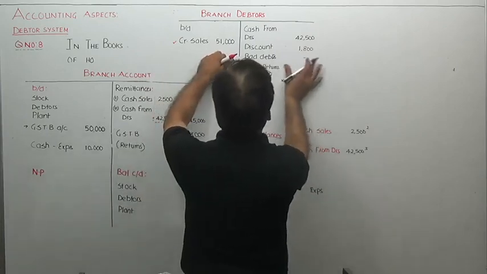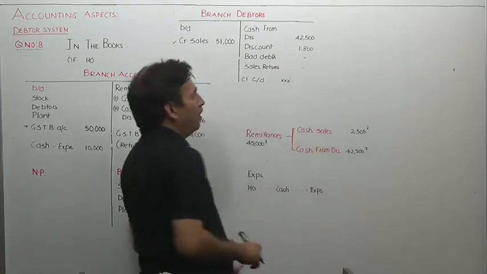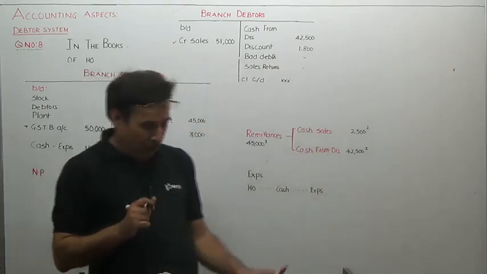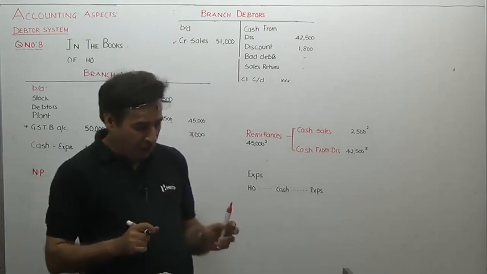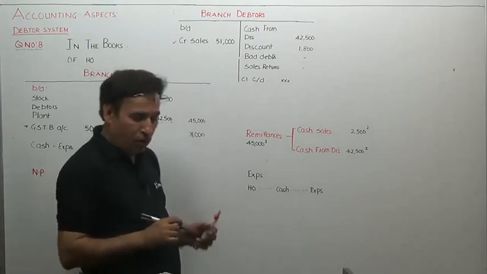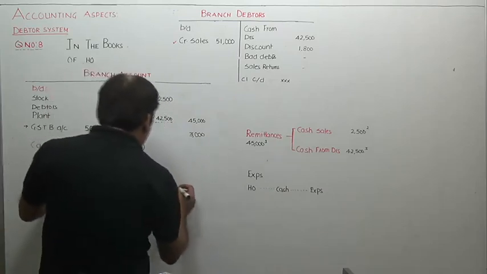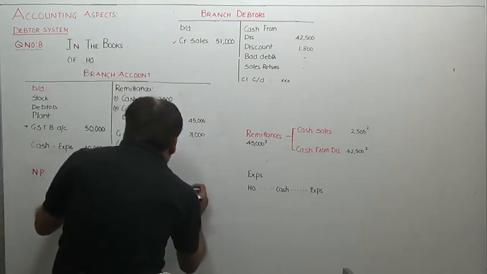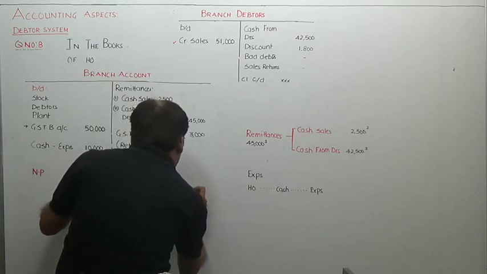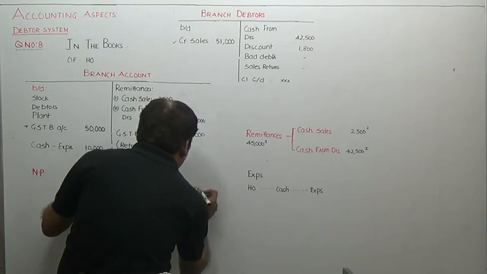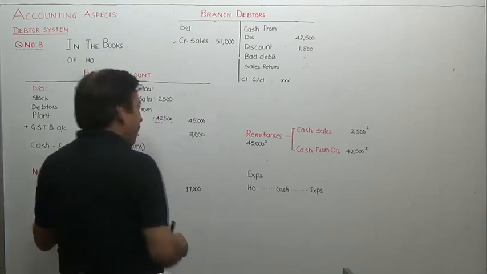No bad debts are given, no sales returns are given. Now, it is also written that closing stock with branch at cost. We know that closing stock is written down in the branch account. The amount of closing stock is 17,000, so 17,000 you would write here, correct?